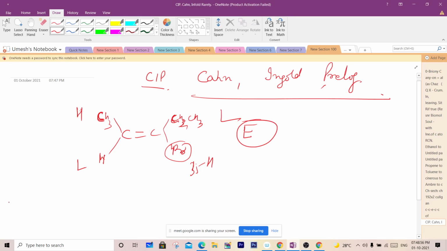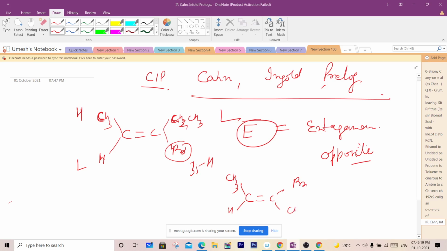Got it now? Yes. E for entgegen. Entgegen means opposite. And if it is like this, bromine here and this here, then higher both on the same side, lower both on the same side. In that case, it is a Z isomer. Z stands for zusammen. Zusammen means same.